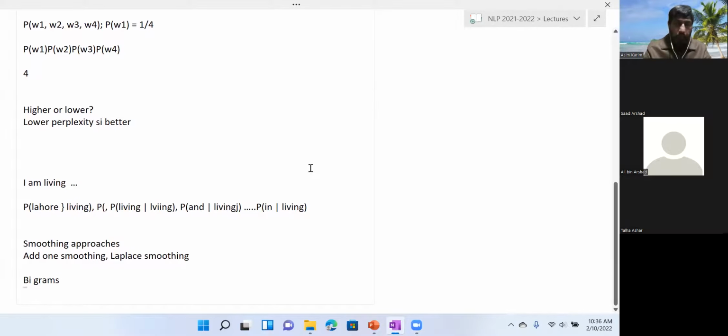So let's say the formula for computing the probability of W_i given W_i minus 1 is: the count of the bigram plus 1.